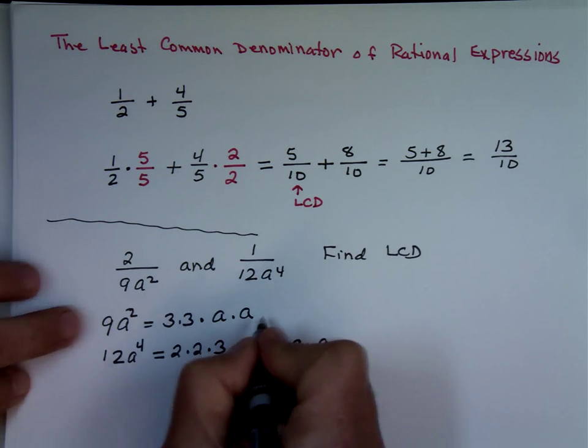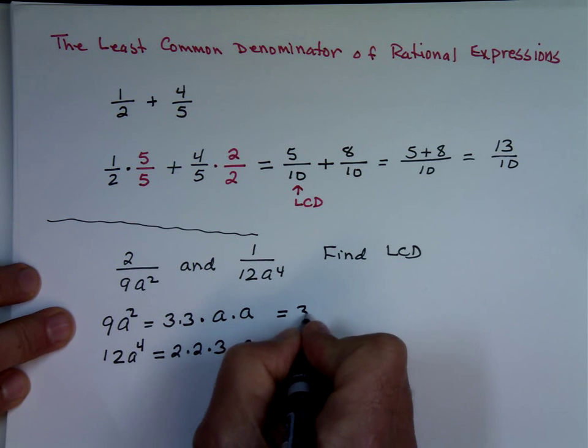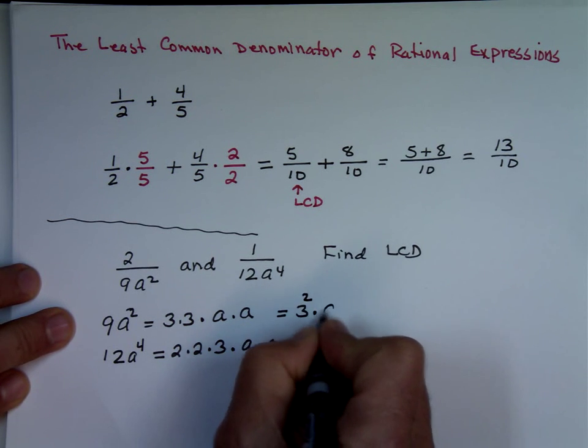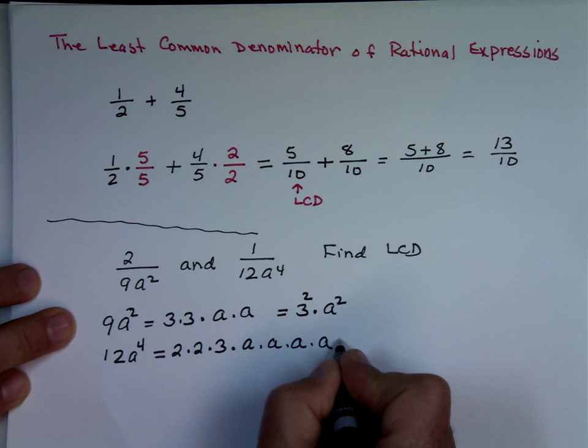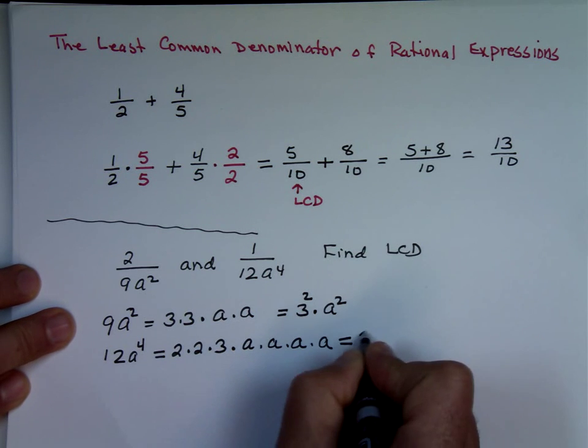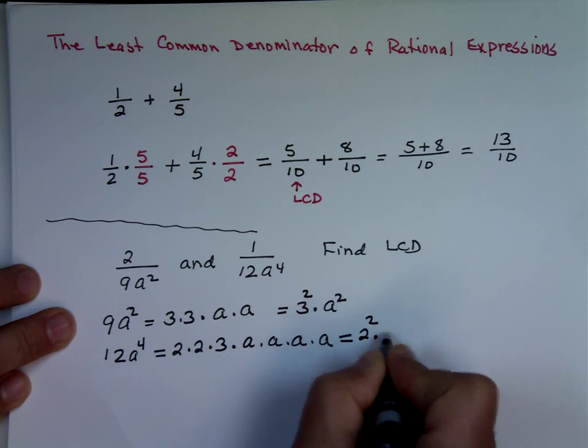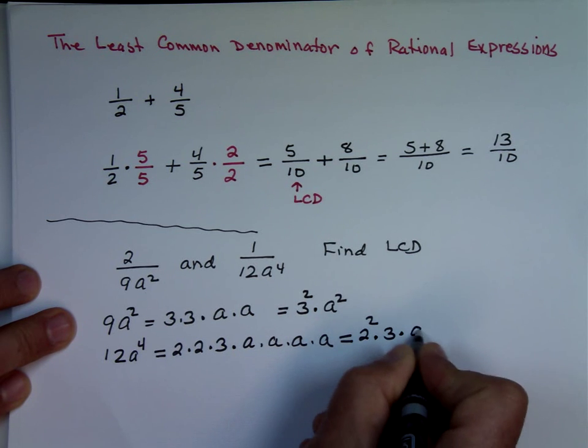So this one you can write as 3 squared times a squared. This one you can write as 2 squared times 3 times a to the 4th.